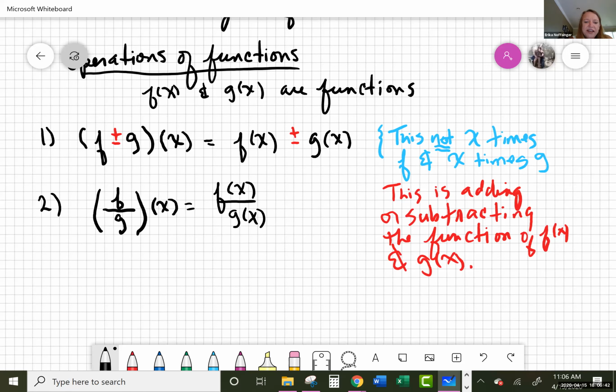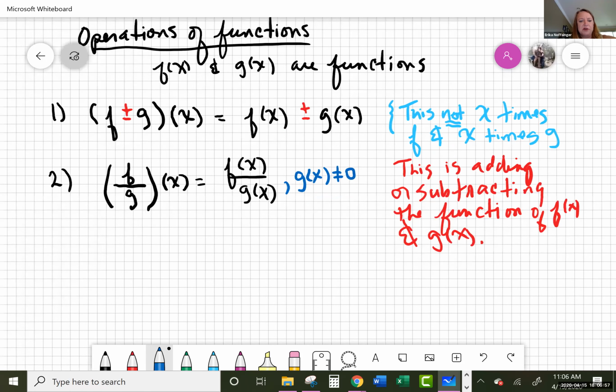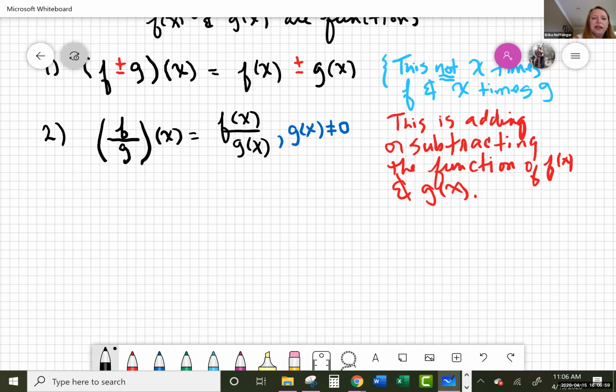Because I have g of x in the denominator, I need to put a little stipulation there that g of x cannot equal 0. I can't have a division by 0, and so I have to make sure that that's not happening.